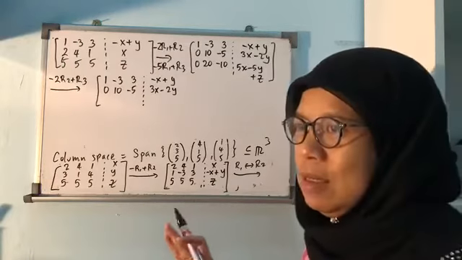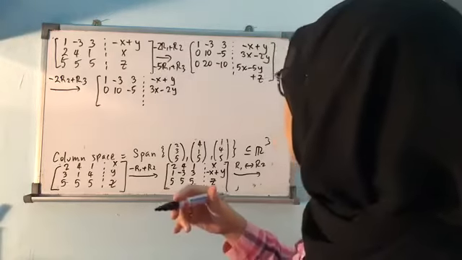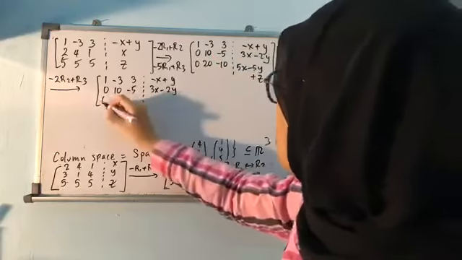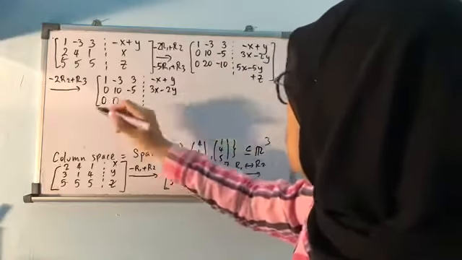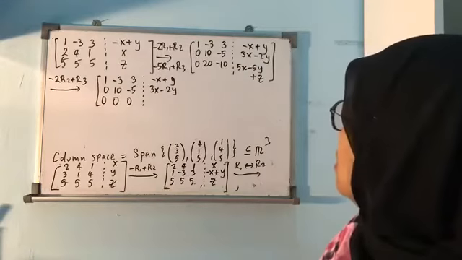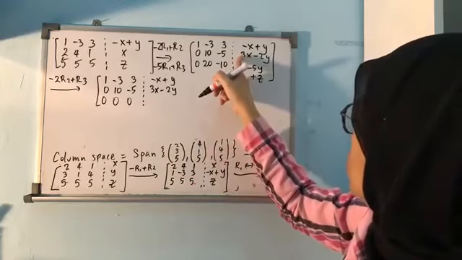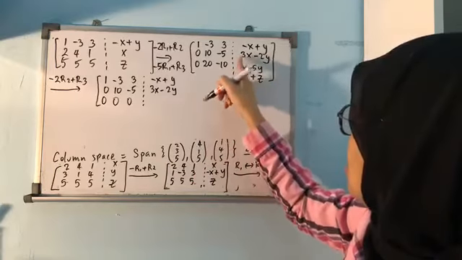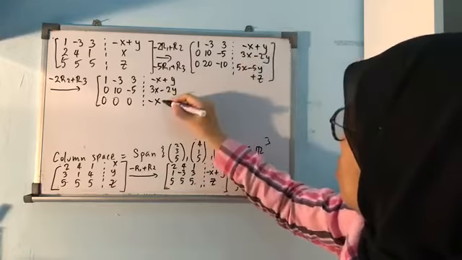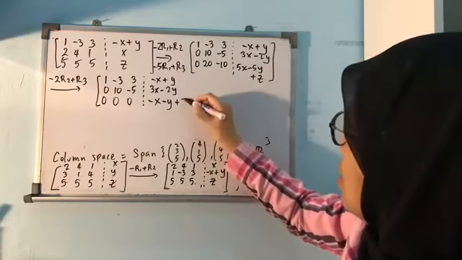You can make it 0 first, then 1. Okay, like this one. Negative 2 r2 plus 0, 0, 0. Negative 2 r2, negative 2, and add. Okay, negative x, y, z and x.